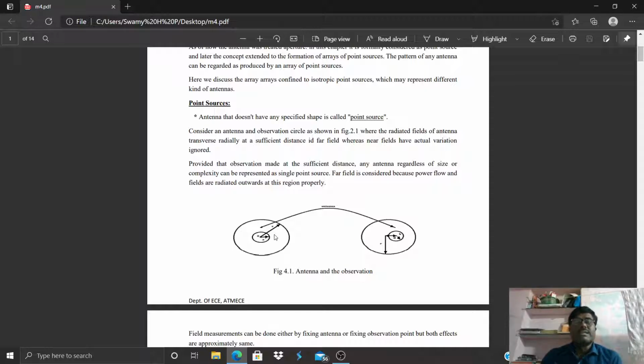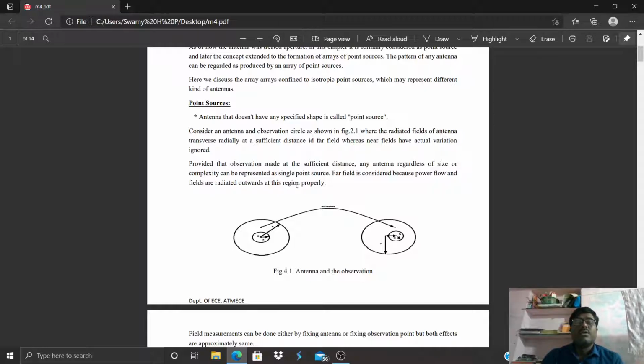This is because the observation is made at sufficient distance, since the distance between the transmitter and receiver antenna is sufficient. Any antenna, irrespective of the size and complexity of the antenna, can be represented as a single point source.